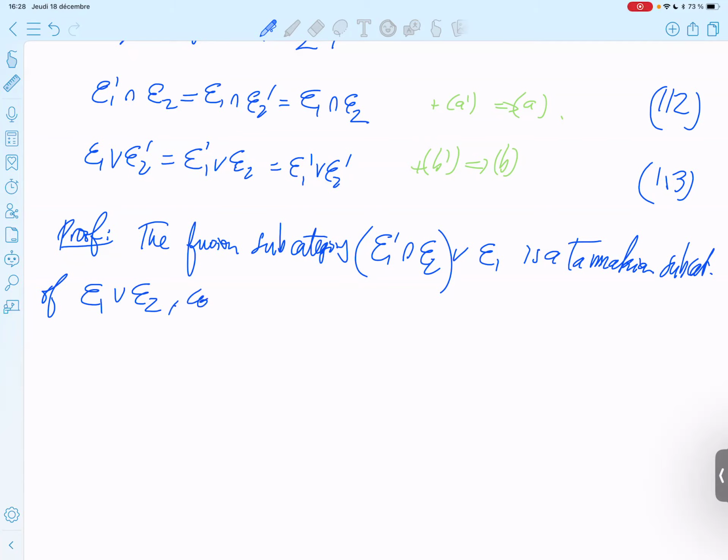And of course it contains E1. So this is clearly Tannakian because E1 is Tannakian.